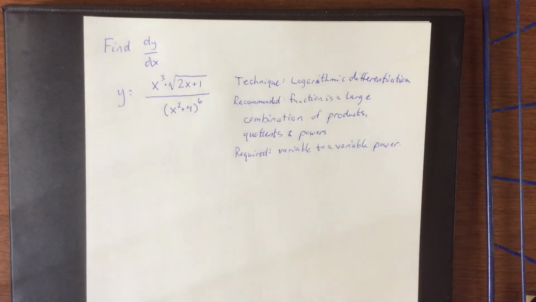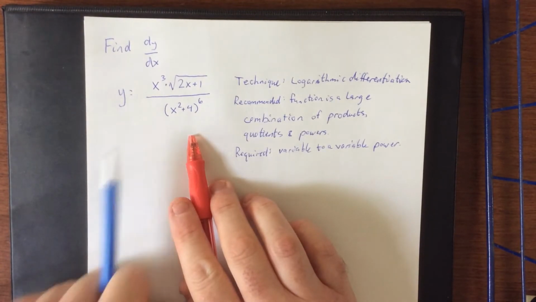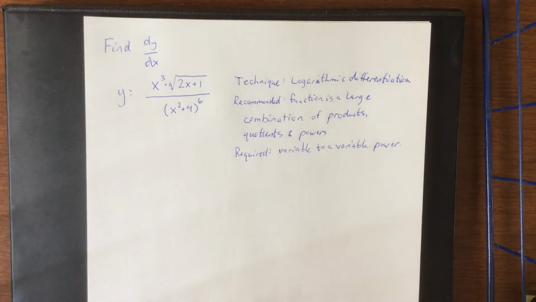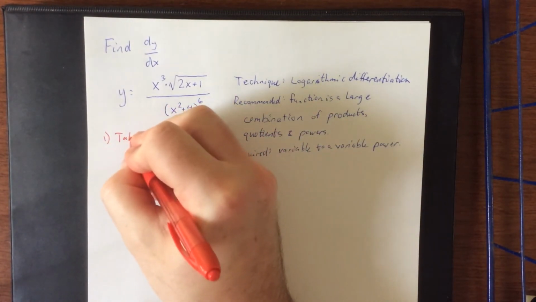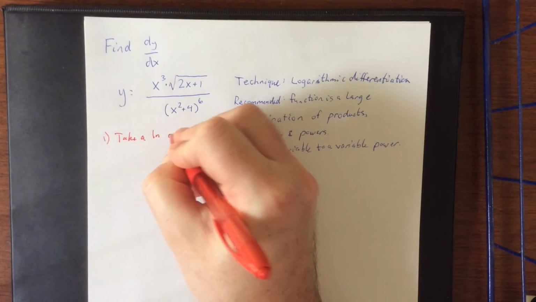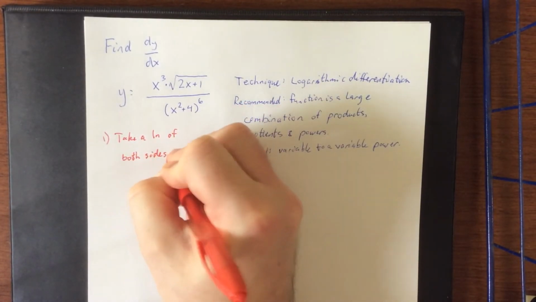So logarithmic differentiation is a variety of implicit differentiation. What I'm going to do is give the directions in red and then actually execute them in blue. So first thing we're going to do is take a natural log of both sides of your equation.